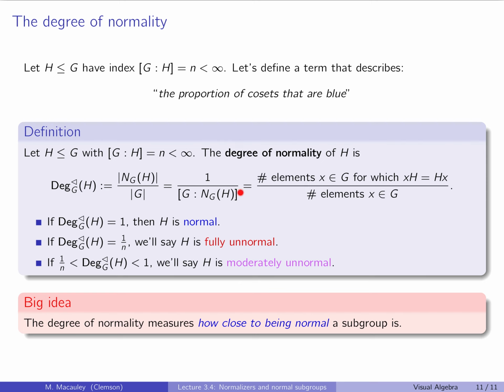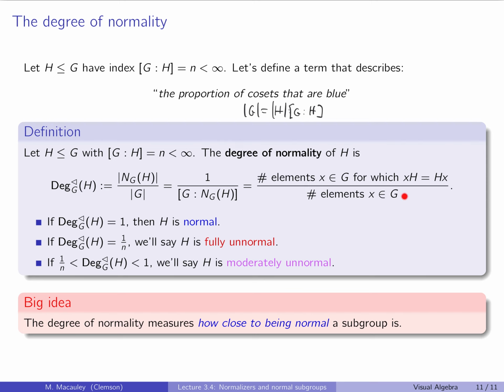And by Lagrange's theorem, the size of a group is the size of a subgroup times the number of cosets of that subgroup. So by Lagrange's theorem, we can write this as the size of the normalizer divided by the size of the group. If this degree of normality is 1, then H is normal.